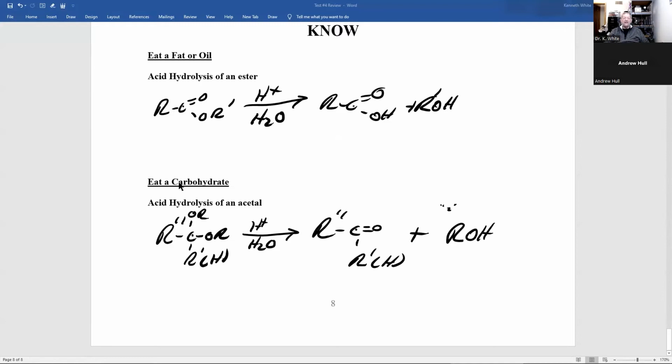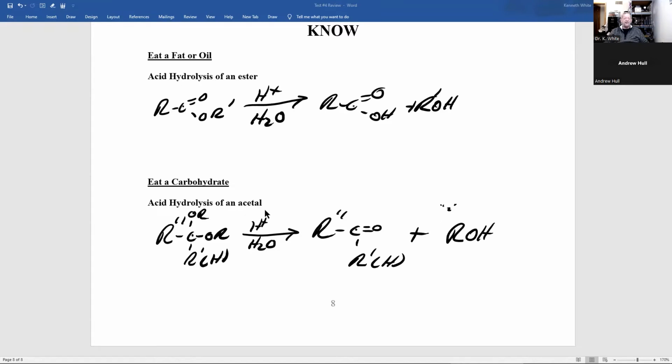Next, eat a carbohydrate. When you chew something like bread for lunch or French fries or potato chips, things I don't need, but anyways, good stuff, what's in your stomach? Acid and water. So it's acid hydrolysis.